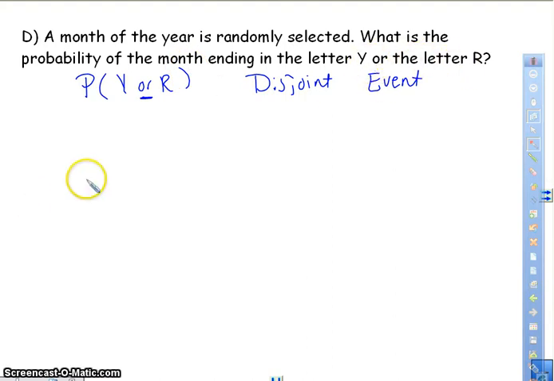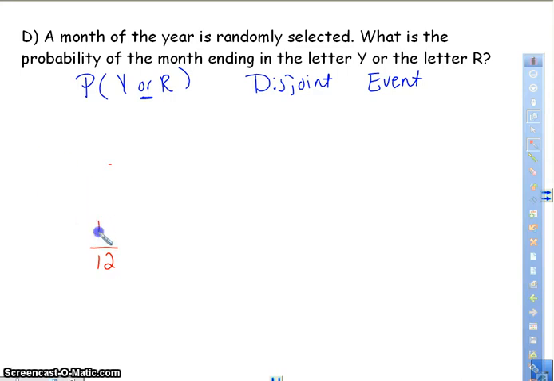So first of all, we know there's 12 months. The months ending in Y would be January, February, March does not, April does not, May does, that's 3, June does not, July does, that's 4, August does not, September does not, October does not, November does not, and December does not.